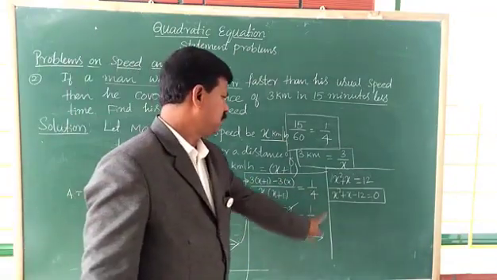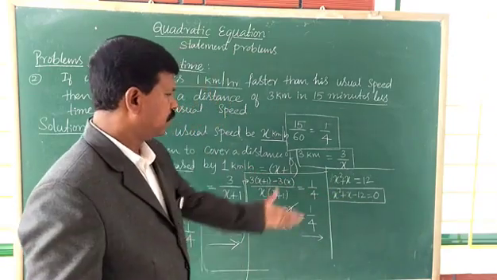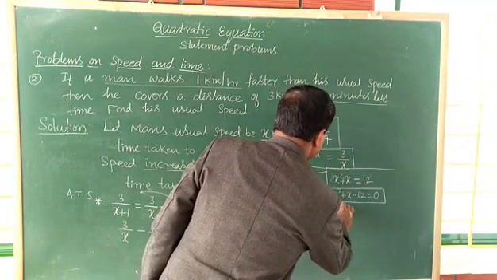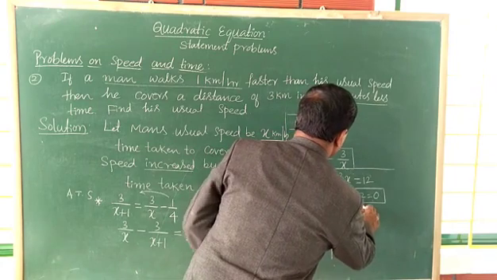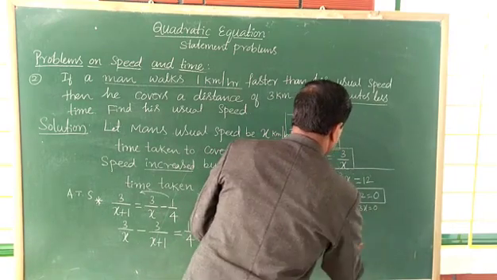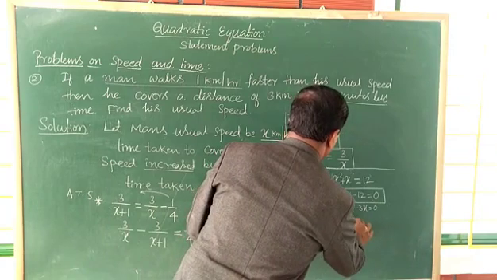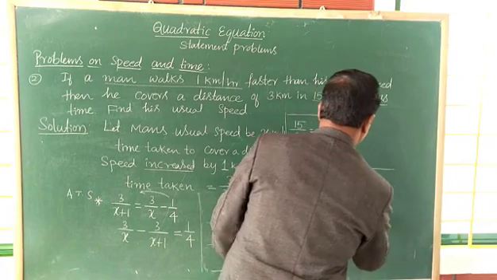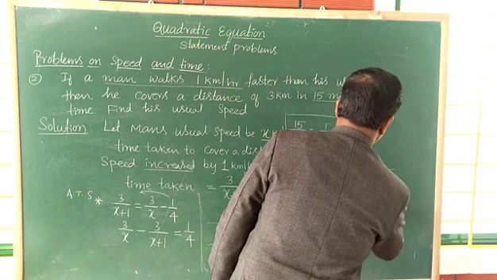Then after this, this is the one quadratic equation. Now on simplifying, what we will get? x square plus 4x minus 3x minus 12 is equal to 0. So (x + 4)(x - 3) = 0.